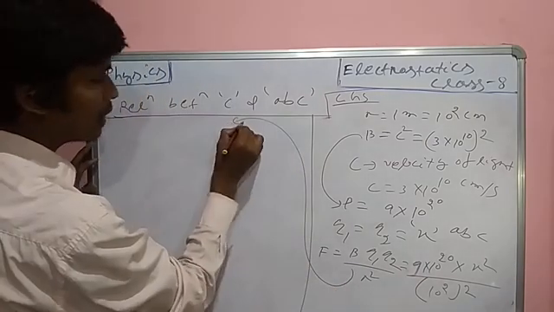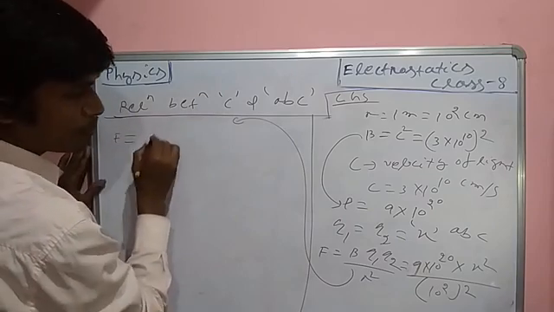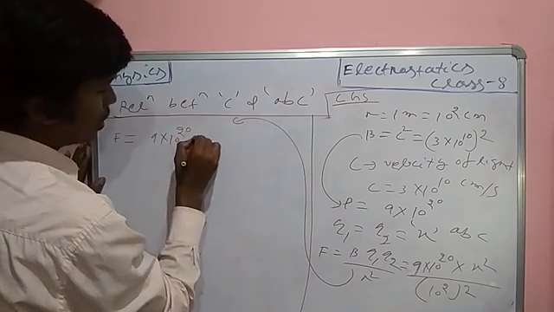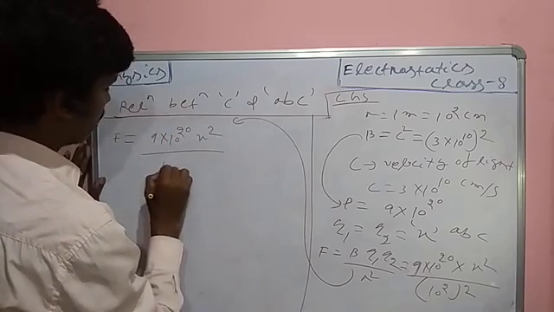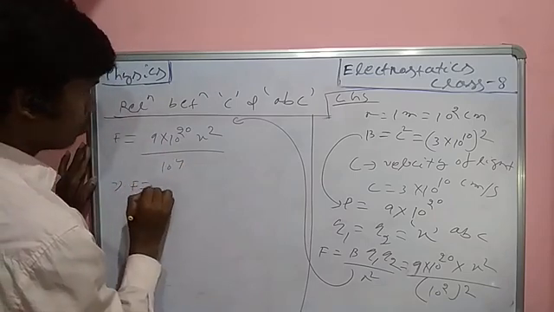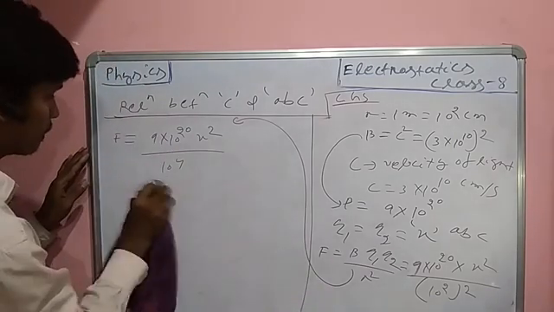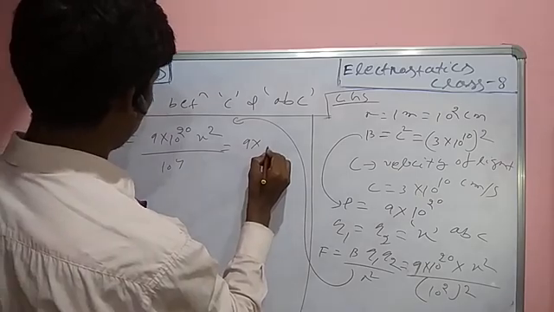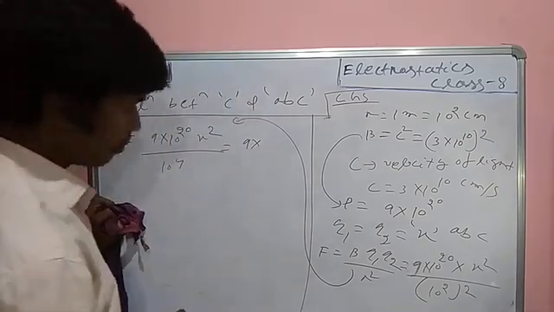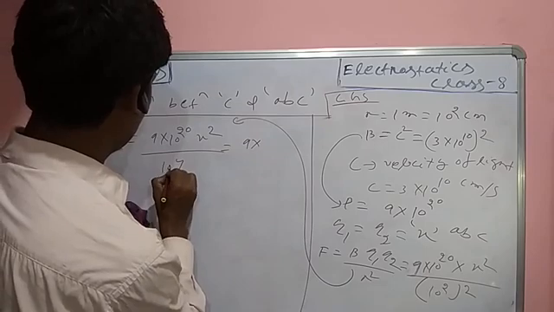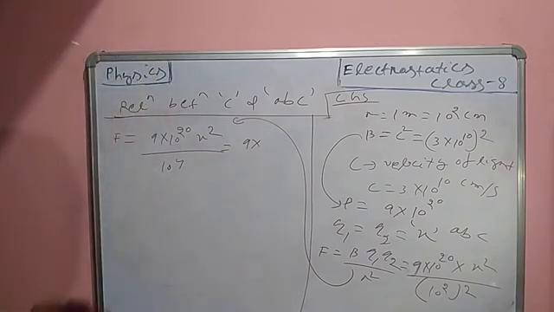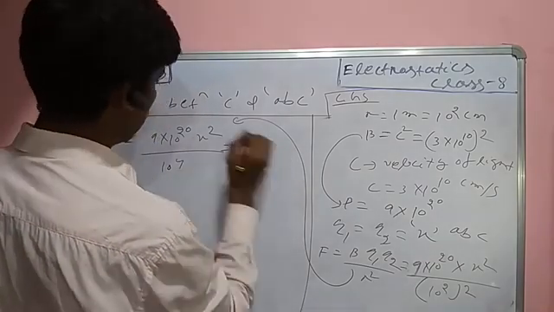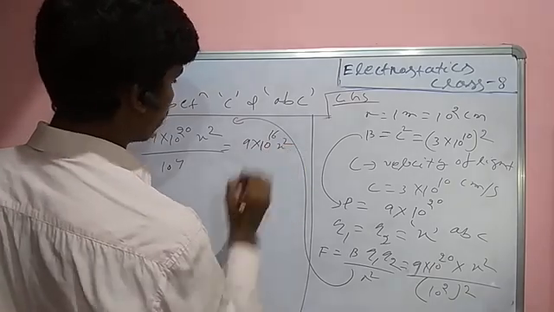So we can write F is equal to 9 into 10 to the power 20 X square by 10 to the power 4. This implies that F is equal to 9 into 10 to the power 16 X square.